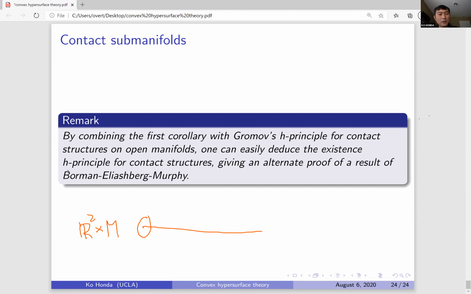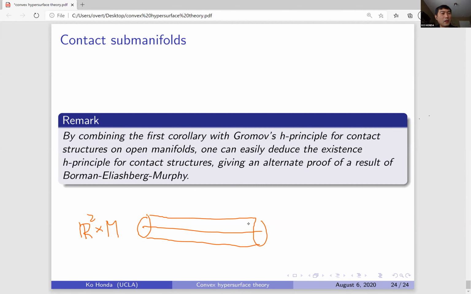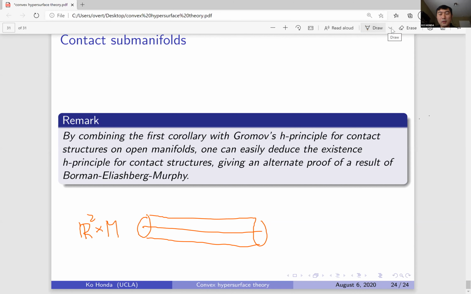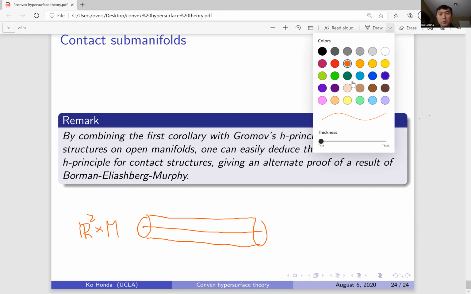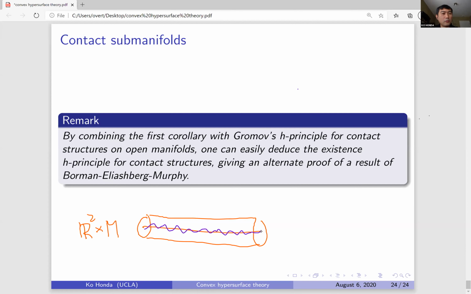This is an open manifold, and it admits a contact structure by Gromov's h-principle. Then you just apply our technology, and voila, M is actually a contact manifold. So you want to embed M inside here.